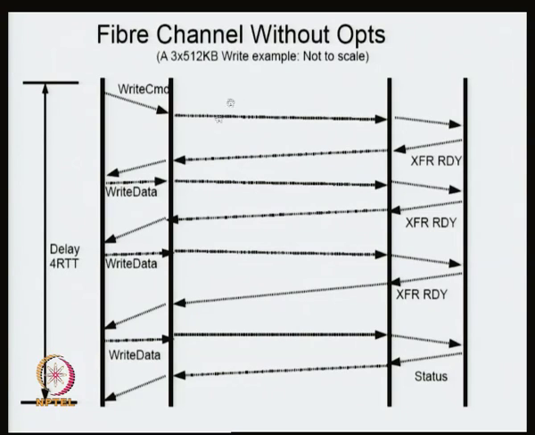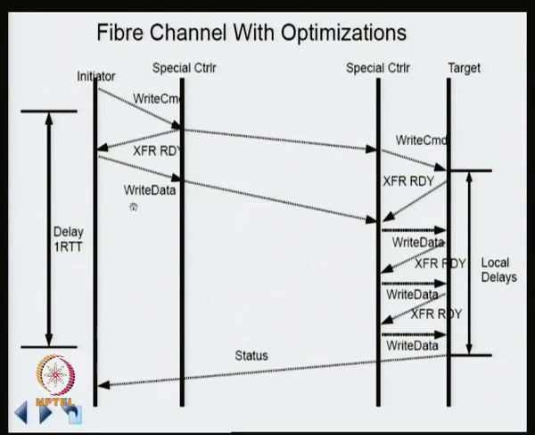So if this is the case, are you limited to this? Luckily, as I mentioned earlier, in the SCSI protocol you can introduce intermediate agents. You can also introduce intermediate agents here, and we can do the following. I have the initiator, and then I have a special controller, and I have a special controller here also, which actually talks to the Fibre Channel network.